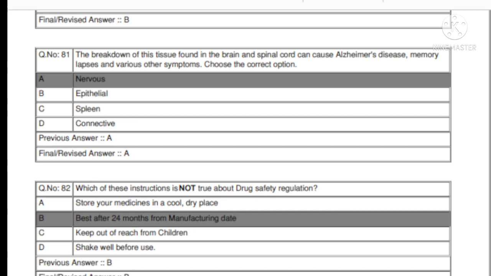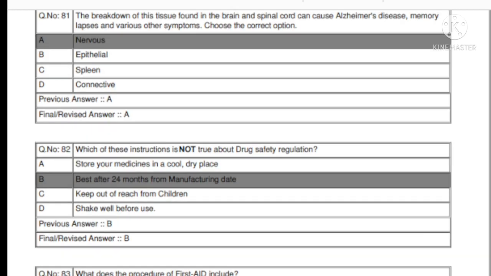So we have to name that tissue, breakdown of which can cause Alzheimer's disease, memory lapses, and various other symptoms. Obviously, its answer is nervous tissue. Because of its breakage, Alzheimer's disease can be caused or memory lapses can occur. Epithelial is not the answer, spleen is not the answer, connective is not the answer.